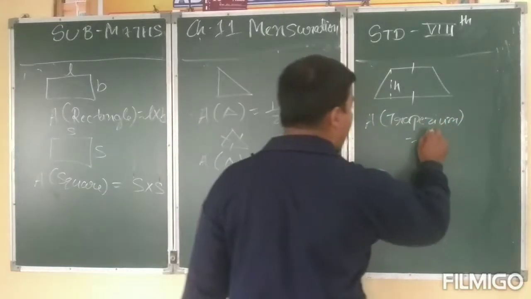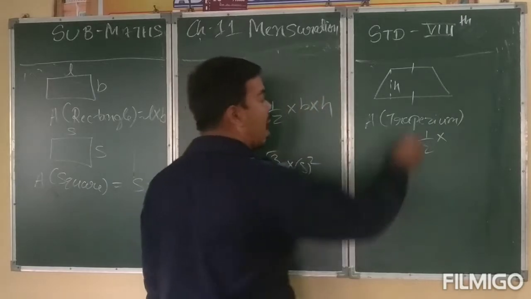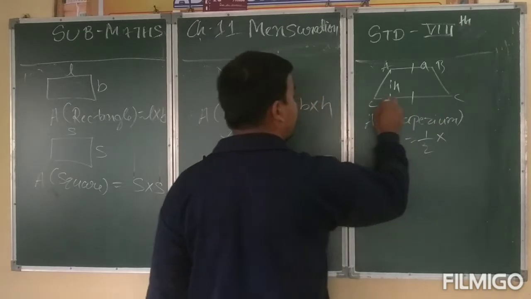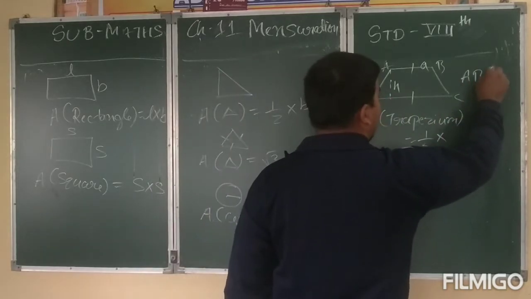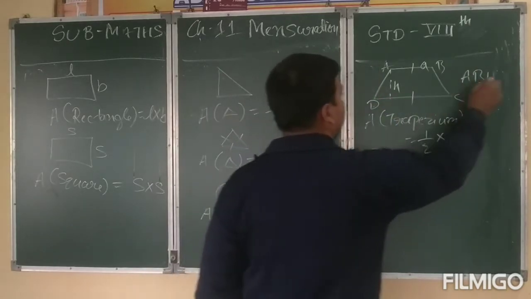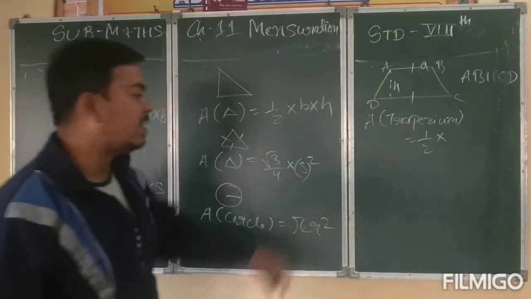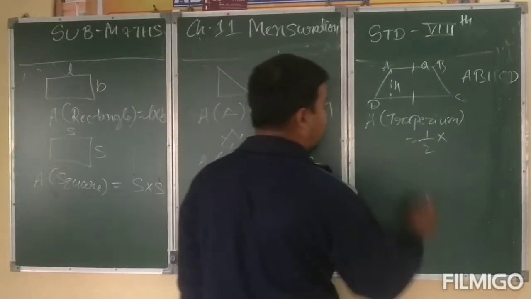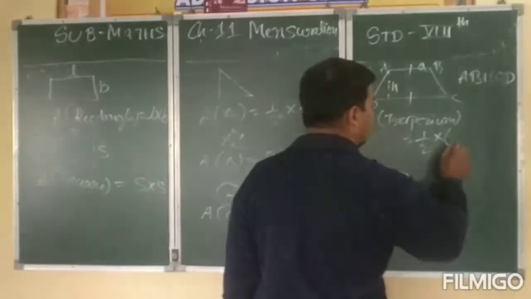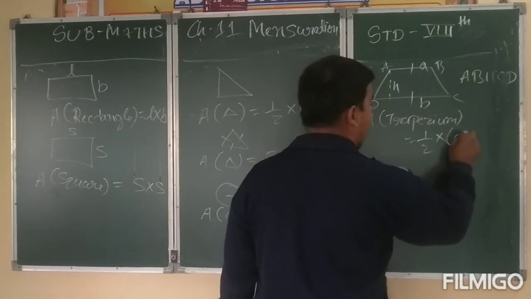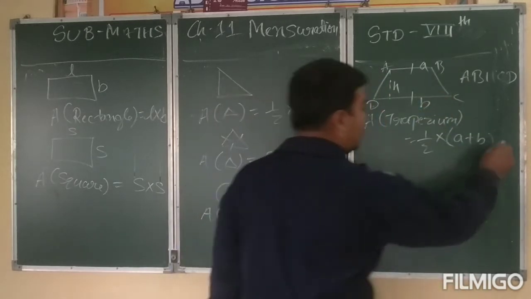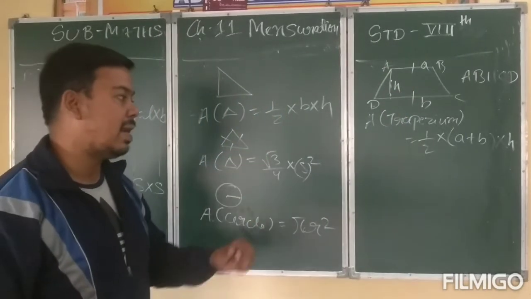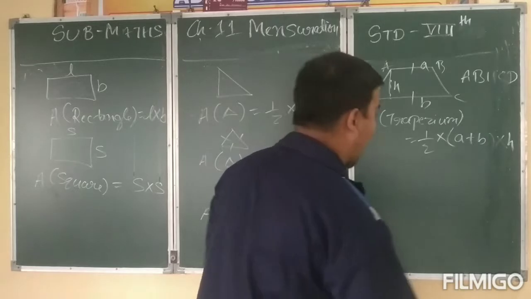The formula is half into sum of parallel sides into height.